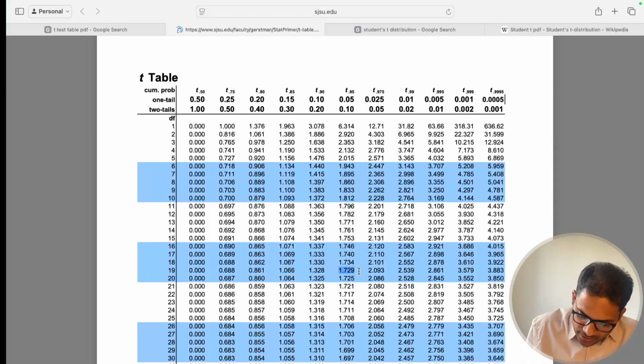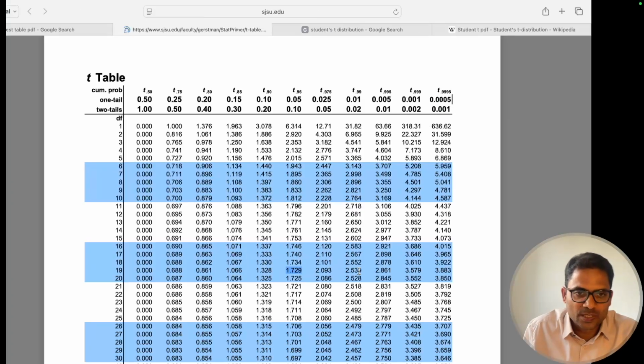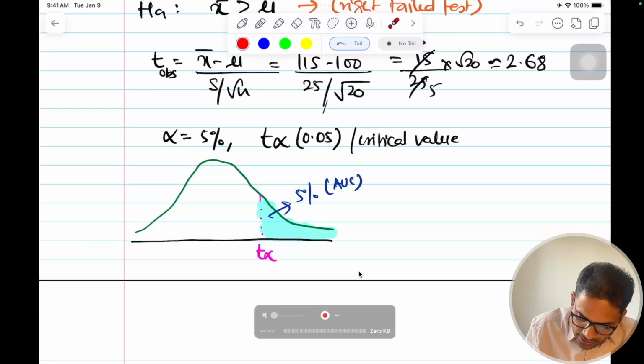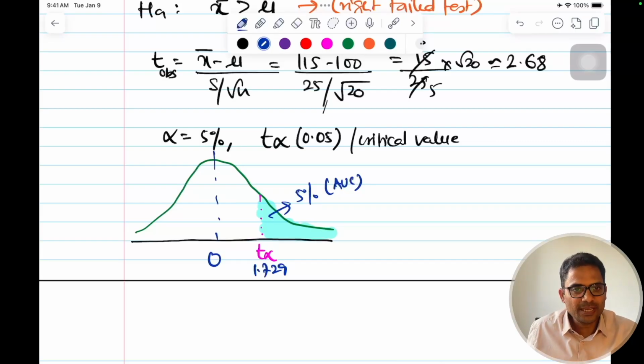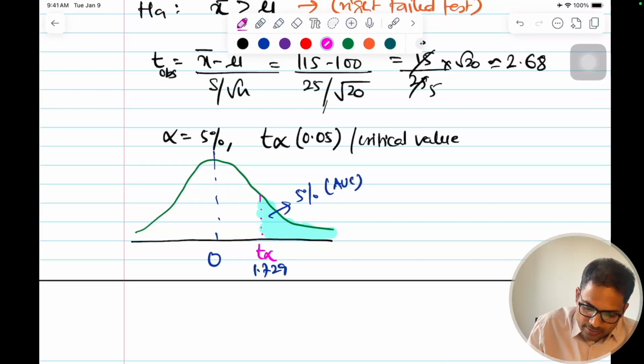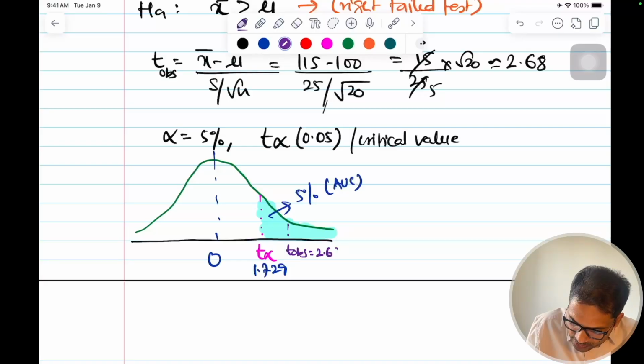So your t alpha is equal to 1.729. And this side, the 0, it is symmetrical around the mean. So this is your 0, and my t observed is here, that is equal to 2.68.